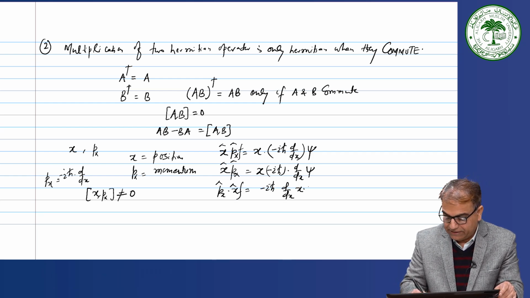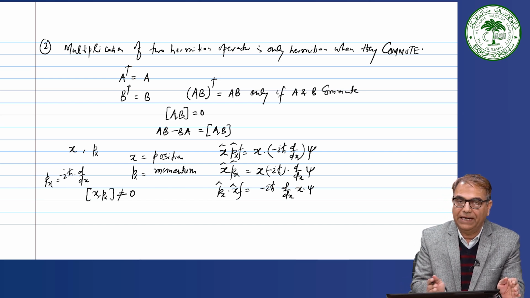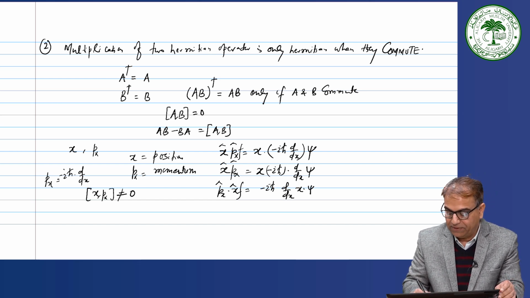So, multiply x with psi, and I said to you how you operate: you operate from right to left. First you operate with x and then with d/dx. So the multiplication gives x psi. Now you have two different terms.